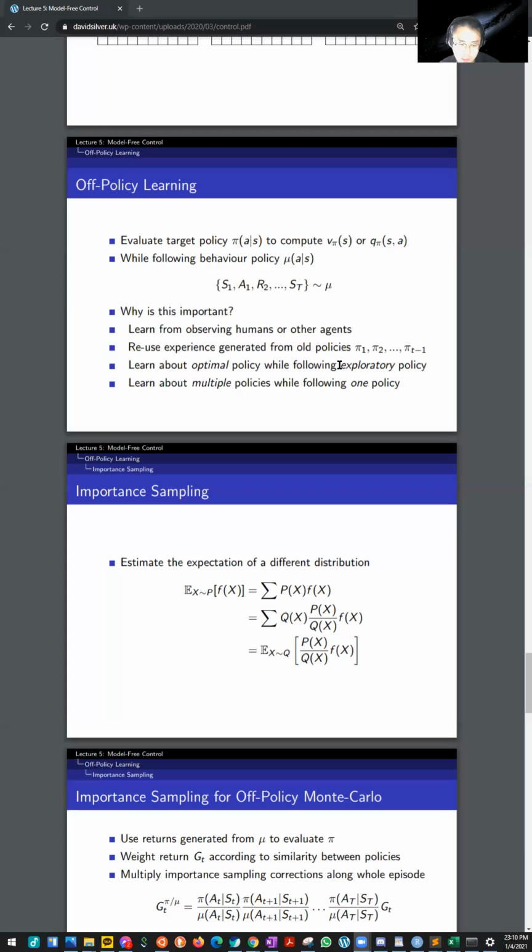But we know that a lot of implementations of reinforcement learning, for example neural networks, could suffer from forgetting problems, which could be solved by learning from data generated by past policies.